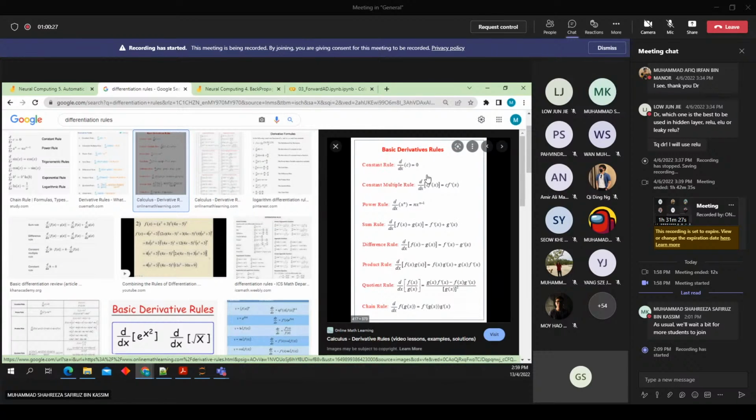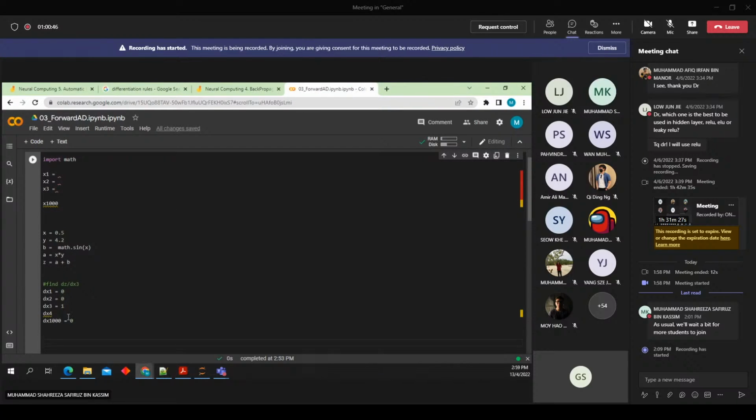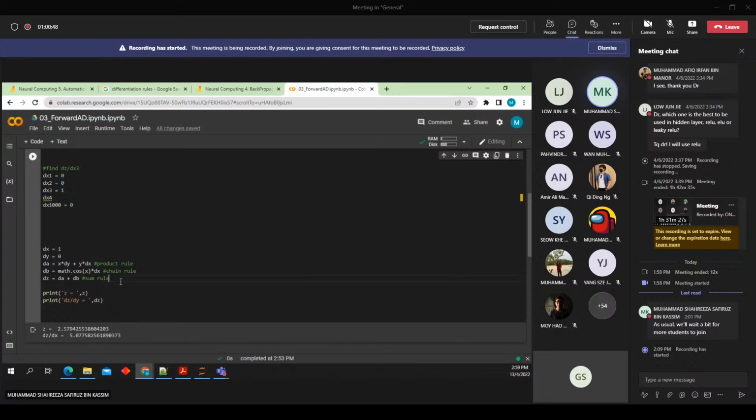Of course, you have the basic derivative rules here, but you also have a lot of different rules. So the idea here is that you need to formalize these rules and translate them into your code.